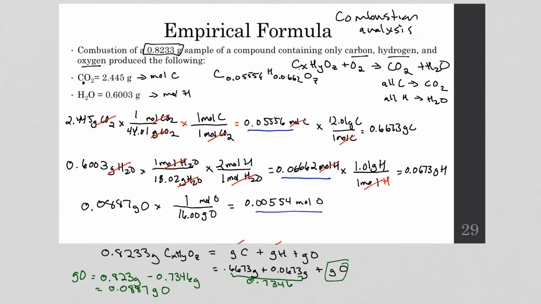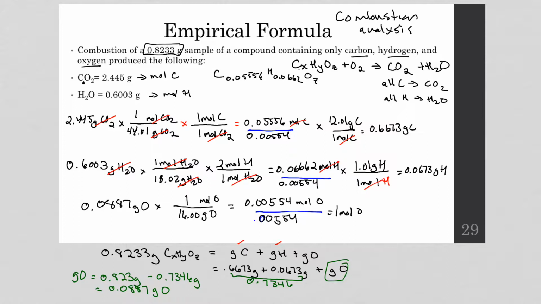So I'm going to go through and divide each of these by the smallest one, which would be 0.00554, and here I'm going to get 1 mole of oxygen. I'm going to divide this by 0.00554, and this by 0.00554, and you can see what those get us.